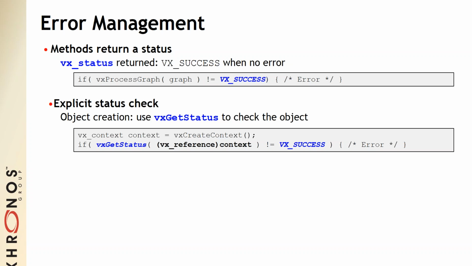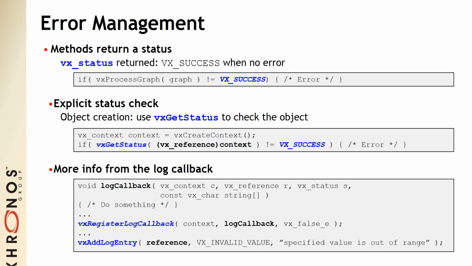Since C only allows returning one thing, you have to separately get the error code in case the object creation fails. So you can pass that object to the vxGetStatus function, which will return VX_SUCCESS or failure, or one of 24 other error codes, giving you a reason why it failed. You could use that error code to do some error handling.